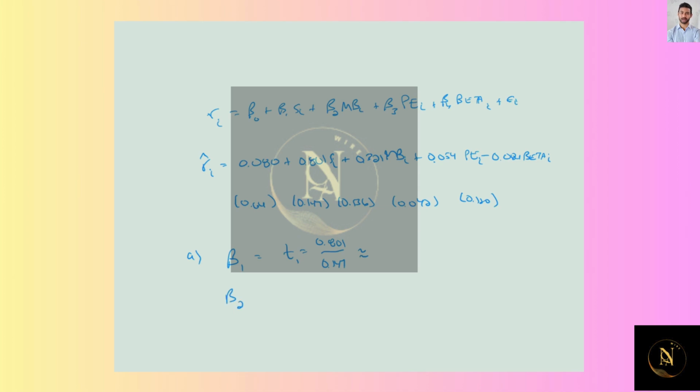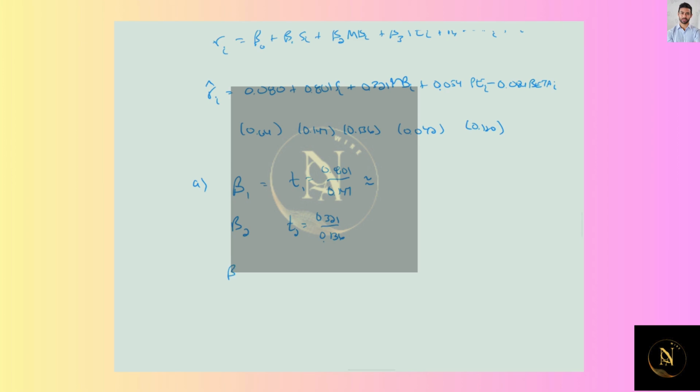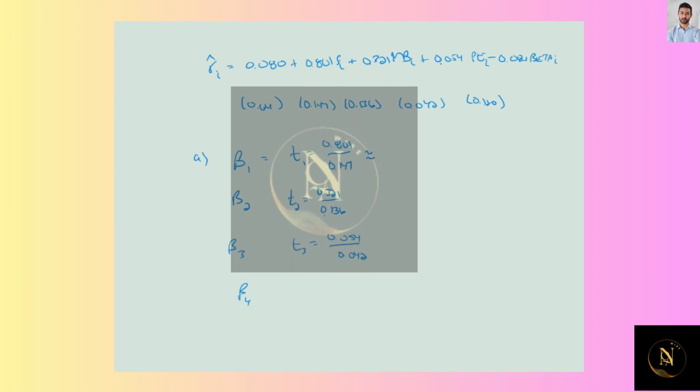For beta 2, that would be 0.321 over 0.136. For beta 3, that's 0.054 over 0.042. And for beta 4, that's negative 0.084 over 0.120.